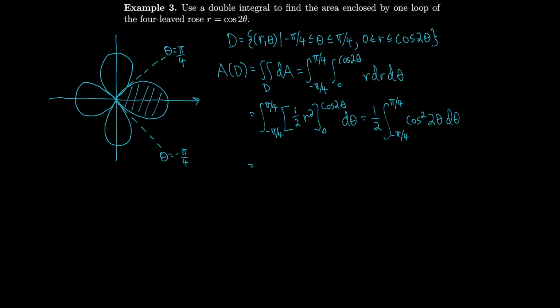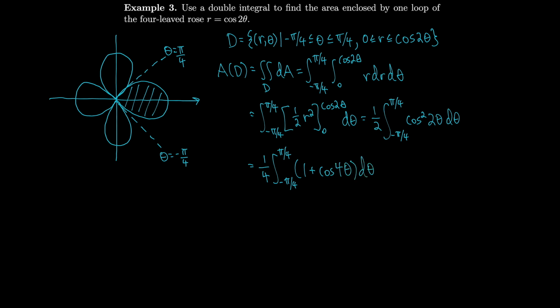So I need to integrate cosine squared. I'll use my half angle identity again. So cosine squared is half of 1 plus cosine 2 theta. So I'll end up with a fourth. And then I was starting with 2 theta. Since cosine squared is half of 1 plus cosine 2 theta, and I already have a 2, so it should be 4 theta. So I'll integrate from minus pi over 4 to pi over 4 of 1 plus cosine 4 theta.